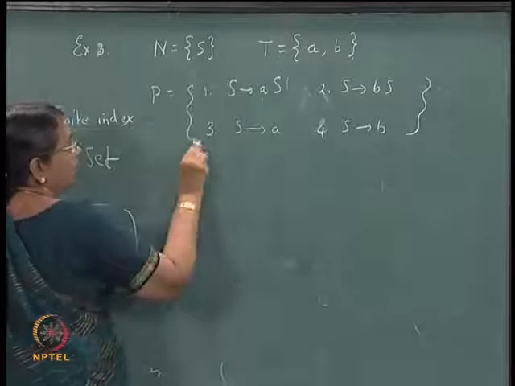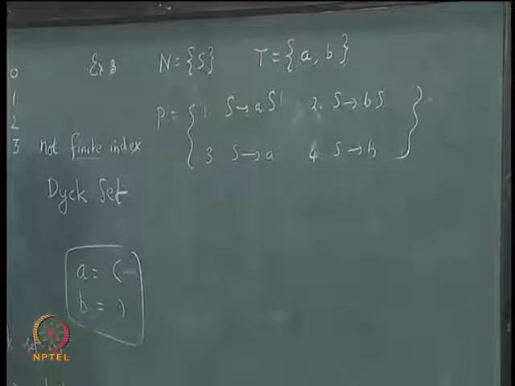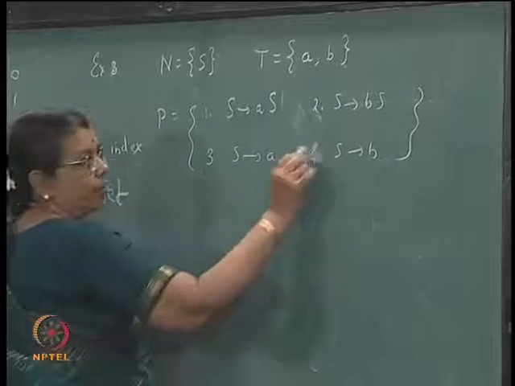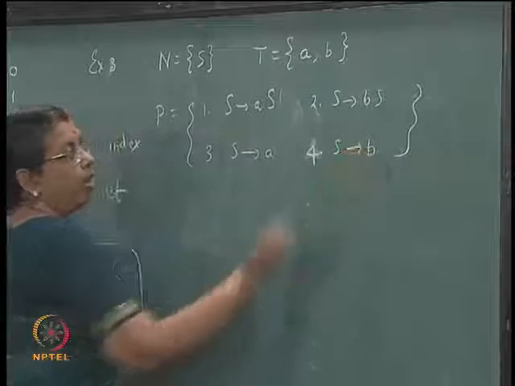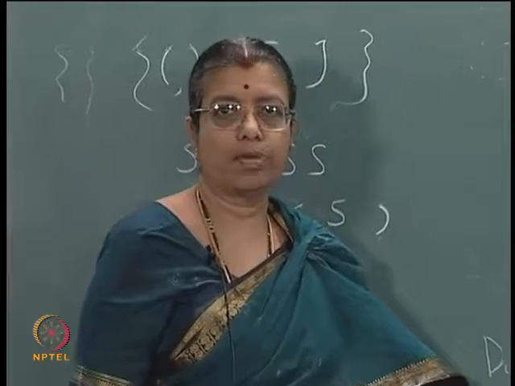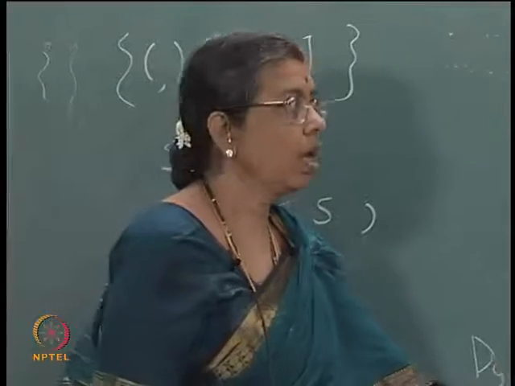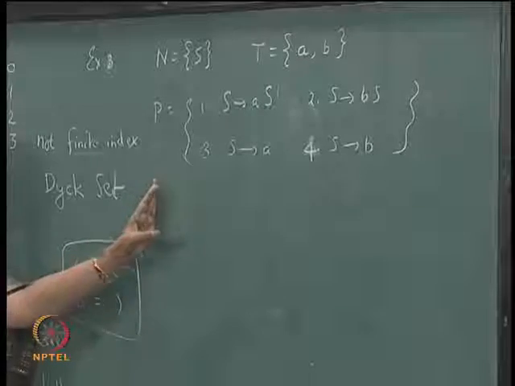S goes to AS, S goes to BS, there is only one non-terminal S and 2 terminal symbols A and B. There are 4 rules: S goes to AS, S goes to BS, S goes to A, S goes to B. What is the language generated? What type of a grammar is this?